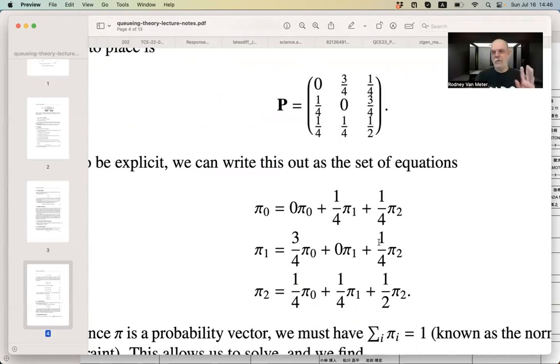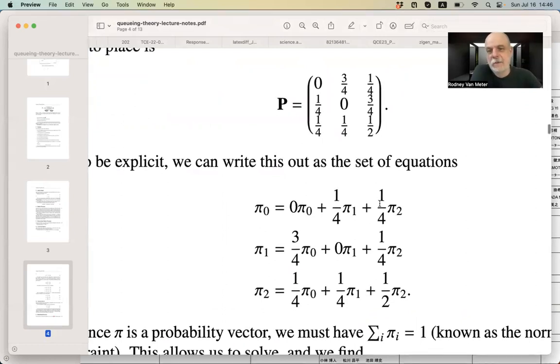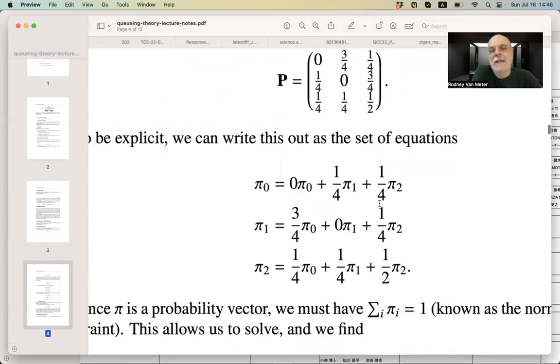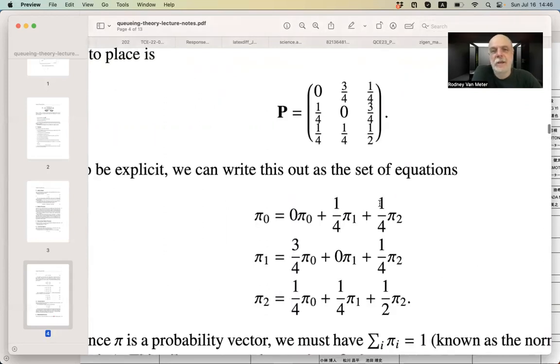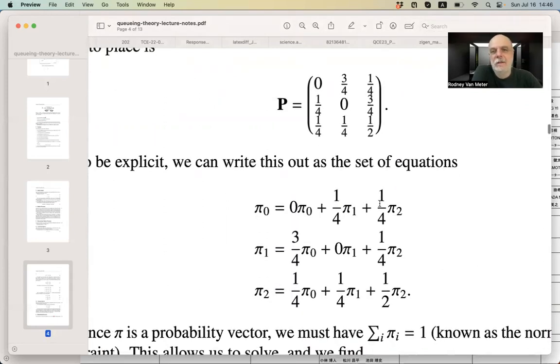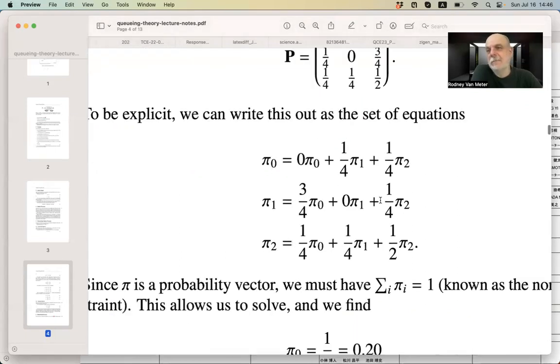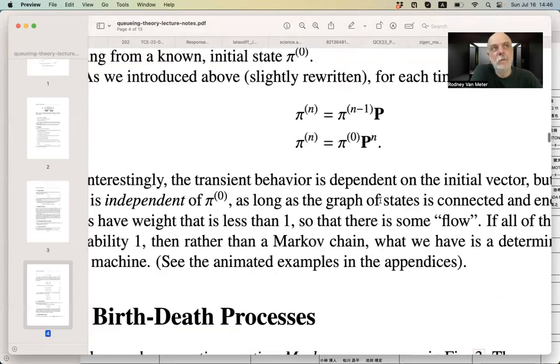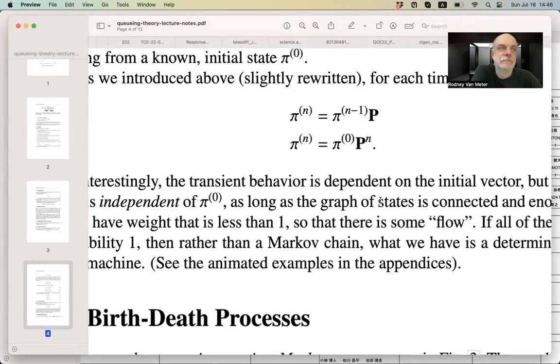That's assuming that you can get from any of the states in the system to any other state in the system. If you can't, then actually that initial state can affect this. In that case, it's actually not possible to find the steady state of the system because it probably doesn't have one. Well, depends.